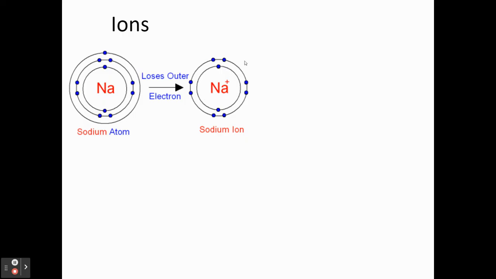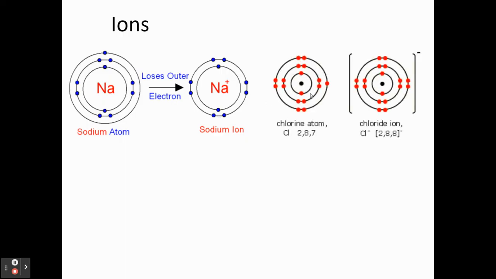It becomes positive because it lost that negative charge. It is now known as a sodium ion. Chlorine atoms have 2 electrons, 8 electrons, and 7 electrons in the valence shell. However, when it gains an electron from sodium, let's say, then it becomes negative, and it goes from a chlorine atom to a chlorine ion.